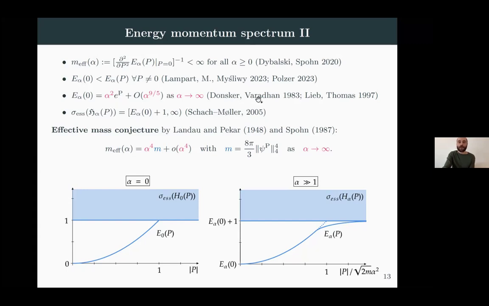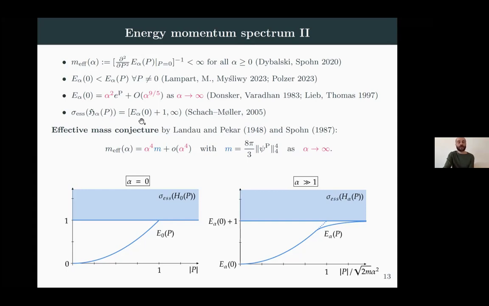I think Donsker and Varadhan proved the limit theorem by means of probabilistic methods. Lieb and Thomas applied more functional-analytic methods and also managed to resolve the asymptotics of this error. Then there's this nice paper by Møller, where he used the HVZ theorem to study the localization of the essential spectrum of these operators.